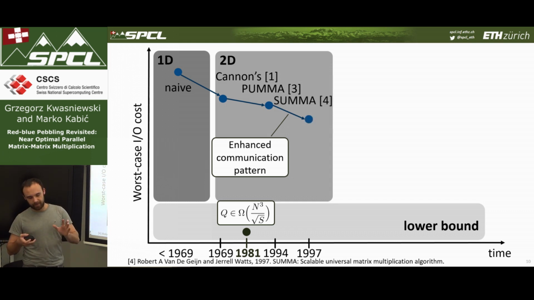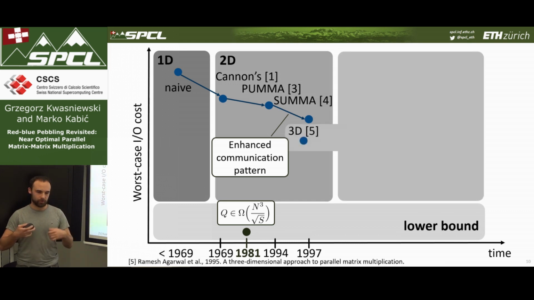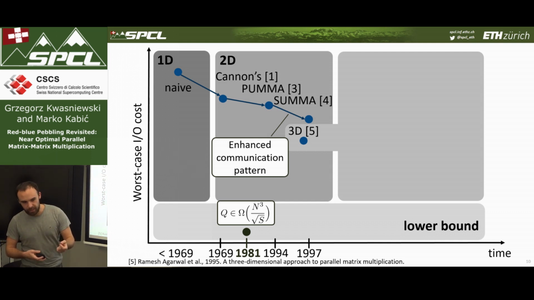Actually, at the same time, the first 3D algorithm was proposed by Agarwal et al. However, this particular implementation had some performance issues and it was not widely used afterwards. Nevertheless, it formed the basis for the 3D decomposition family. The algorithm also parallelizes in the reduction dimension.